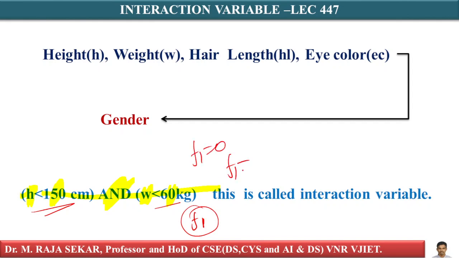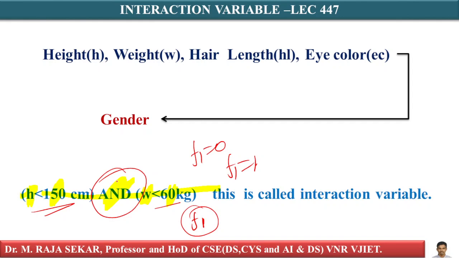You can use any boolean operator in the place of and. This is also called a logical two-way interaction feature, because you are using a logical operation like and.